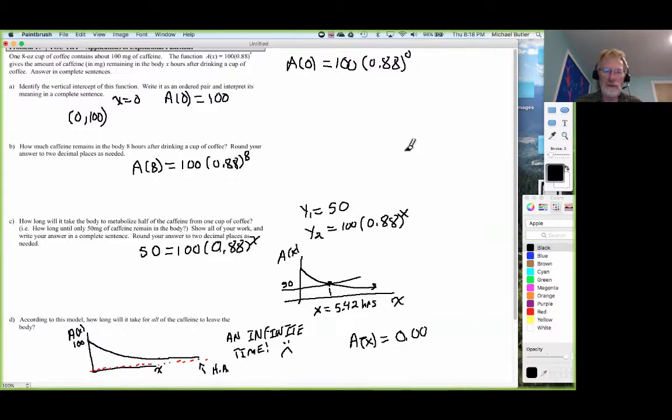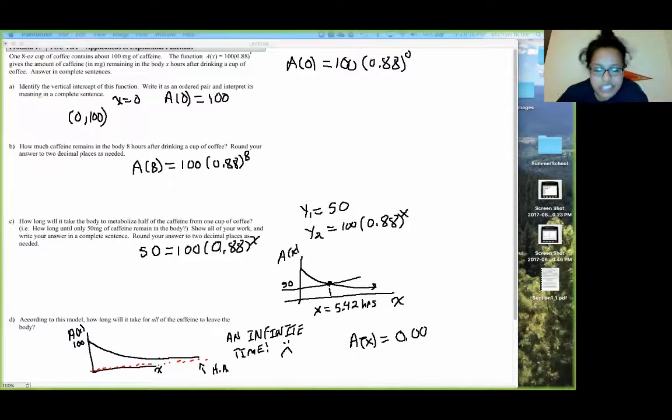Okay, any other ones besides the caffeine problem? Anything from the practice problems? From chapter 6, 6.1, the practice problems. Number 3. Hang on, I went a little too far. Sorry about that.